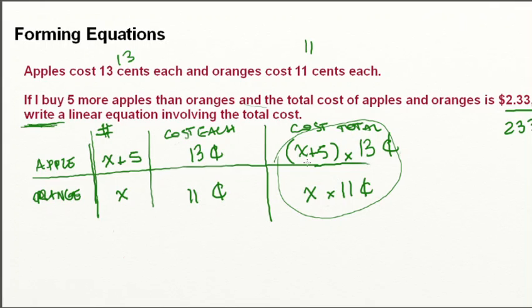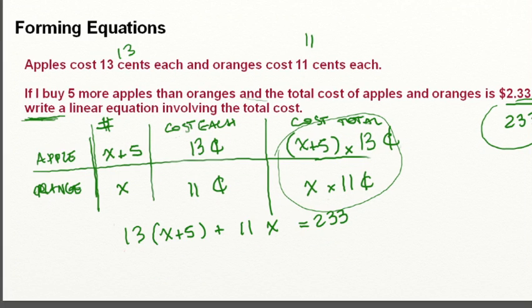It's the cost of apples and the cost of oranges that I know to be 233. So x plus 5 times 13 plus 11x is 233.